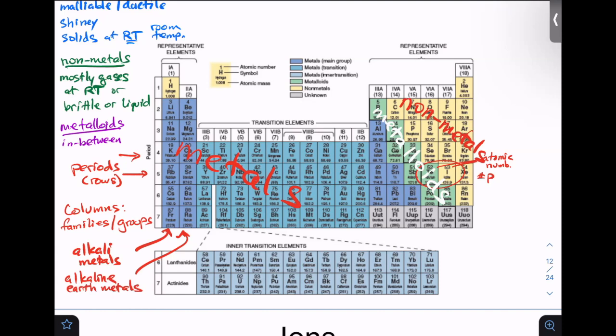We don't have a family name for every group, and we don't name the groups in the middle. I'll talk about those in a minute. So if we go over to the far right, I think probably most everybody knows what this group is. These are the noble gases, or sometimes they're called the inert gases.